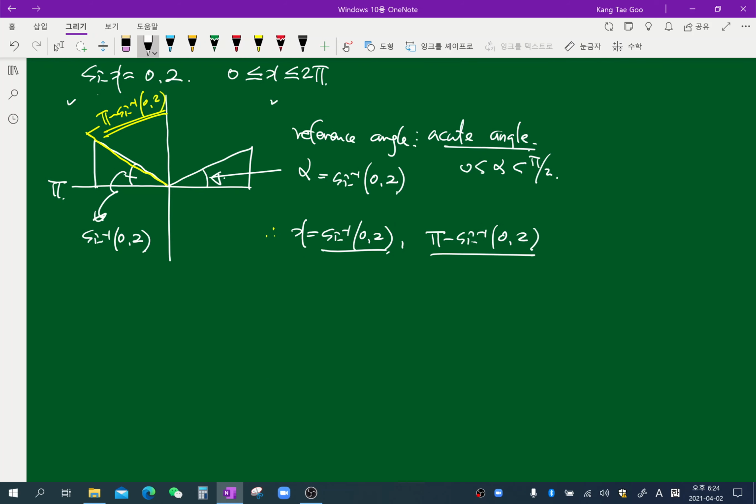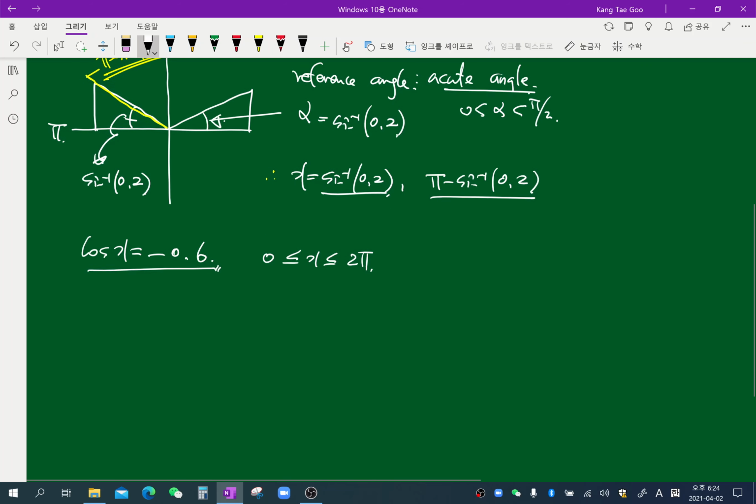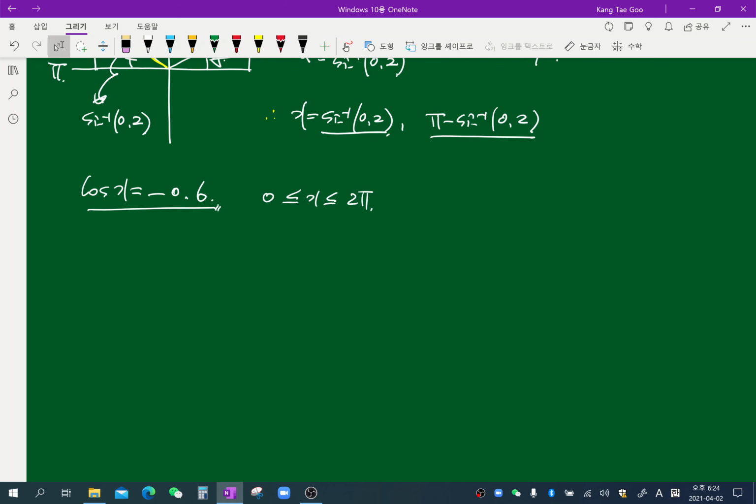Then again, let's do cosine goes to be negative 0.6. Again, the range of x is still in between one revolution. Now we have cosine is negative, so the angle must be in Q2 and Q3, right? But we can calculate our reference angle. This is cosine inverse 0.6.